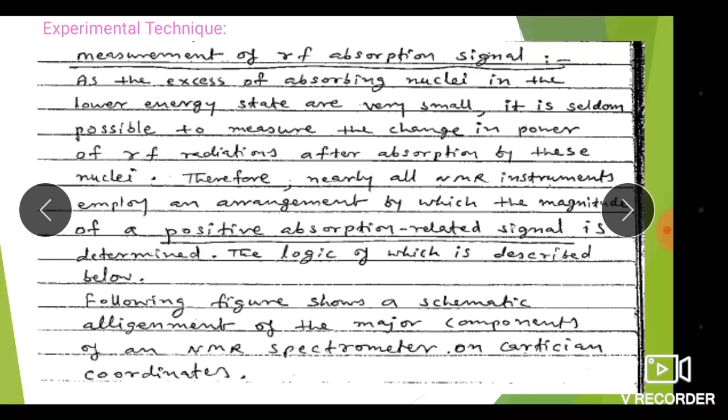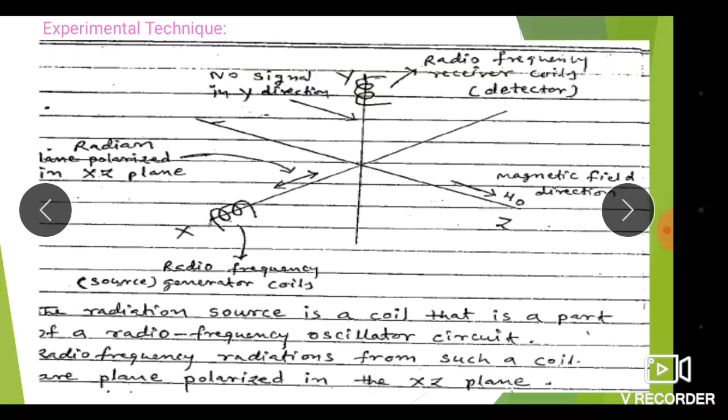The following figure shows the schematic alignment of the major components of the NMR spectrometer on Cartesian coordinates, and how the sample is oriented with respect to the coils. Here the radio frequency source generator coils are given, and perpendicular to them the radio frequency receiver coils.